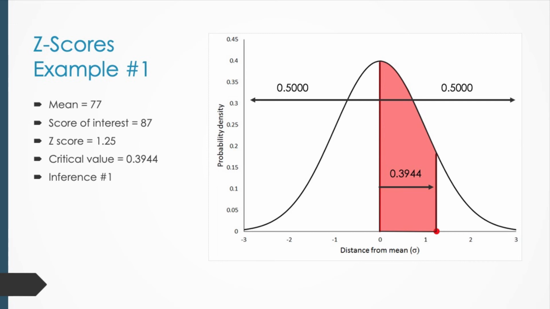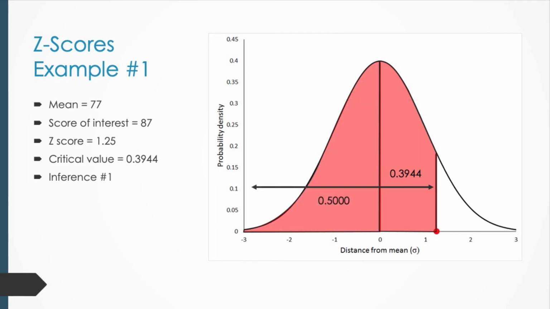So hopefully you can see where we're going here. All we have to do is add 50, which is the 50% below the mean, and then add that percentage between the mean and Rogue's positive score, which was above the mean. So all we're doing is adding 50 plus 39.44, and then we get 89.44%.